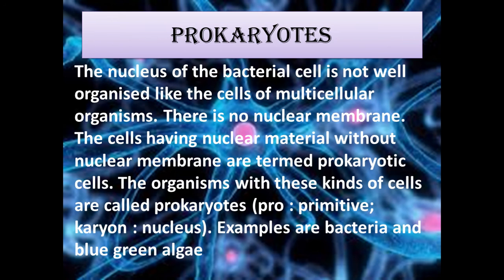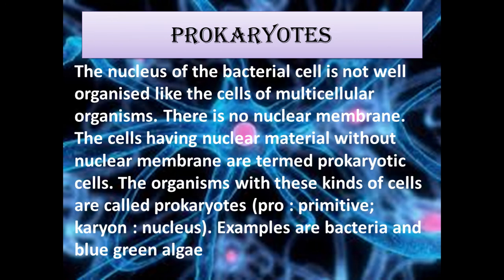The cells which do not have a well-organized nucleus, due to the absence of a nuclear membrane, are called prokaryotic cells. The organisms with this kind of cell are called prokaryotes. For example, bacteria and blue-green algae are prokaryotes.